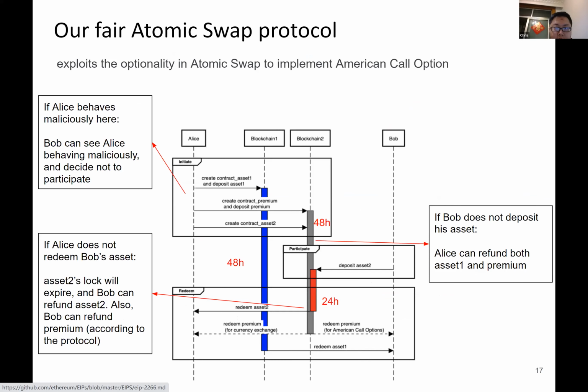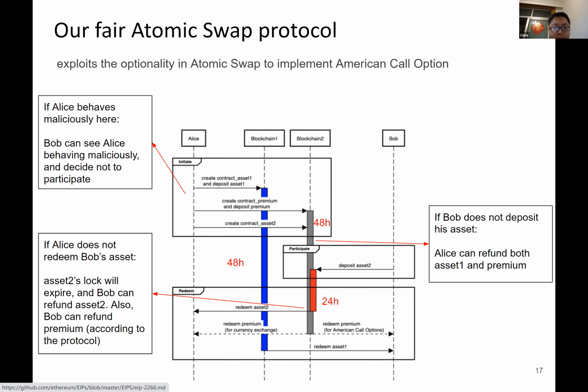From the technical side, is there a specific reason why you see the specification that you outline in the EIP to get to having premiums attached to an atomic swap as better than perhaps alternative ways to implement this? What considerations led to the specification the way that you specify it in order to have premiums?